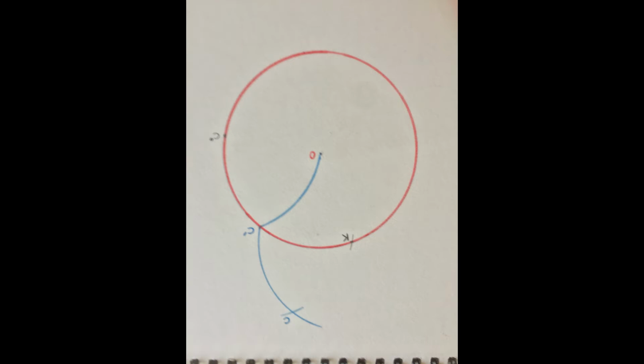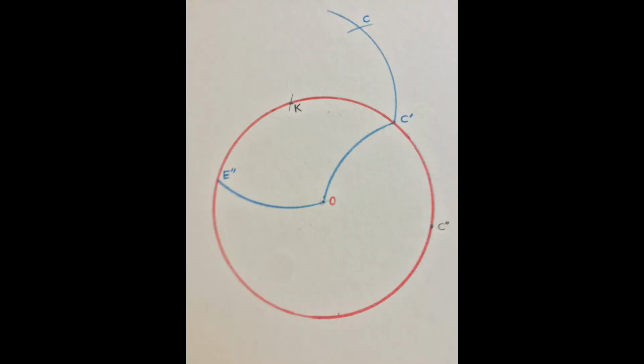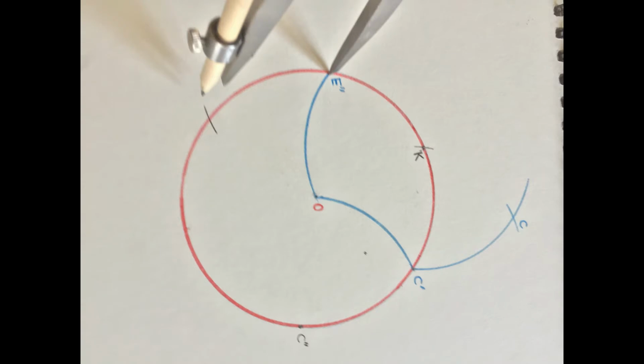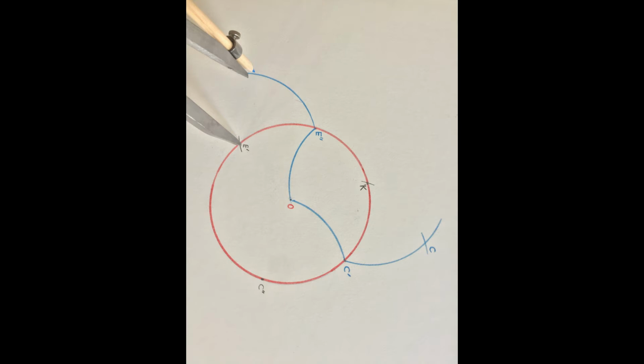I point at K, and I draw the internal arc of a circle OE''. I point at E'' and draw an arc of a circle that cuts the circle at E'. By pointing the compass at E', I draw the outer arc of a circle starting from E''.